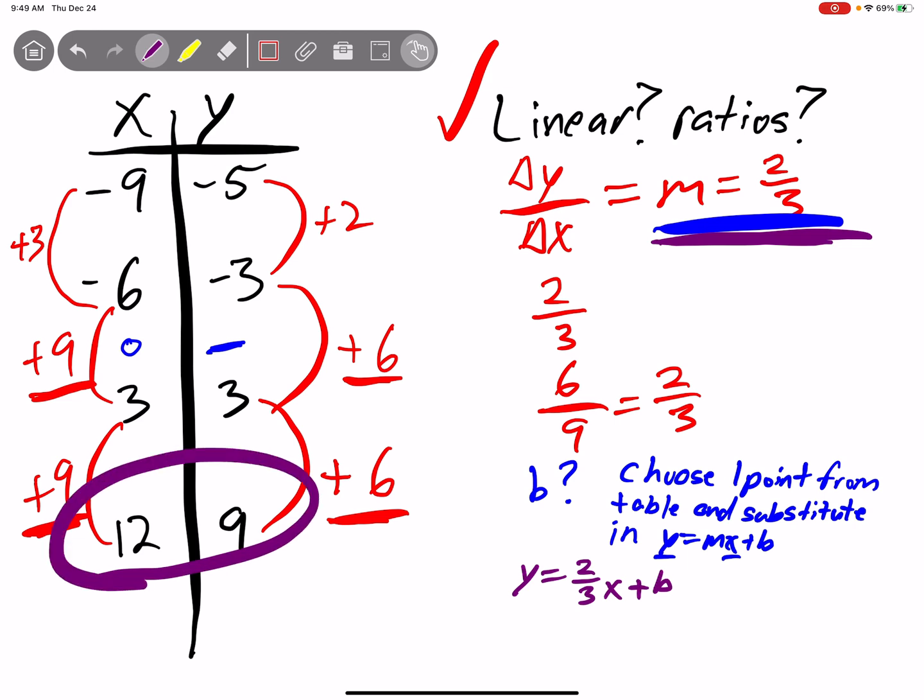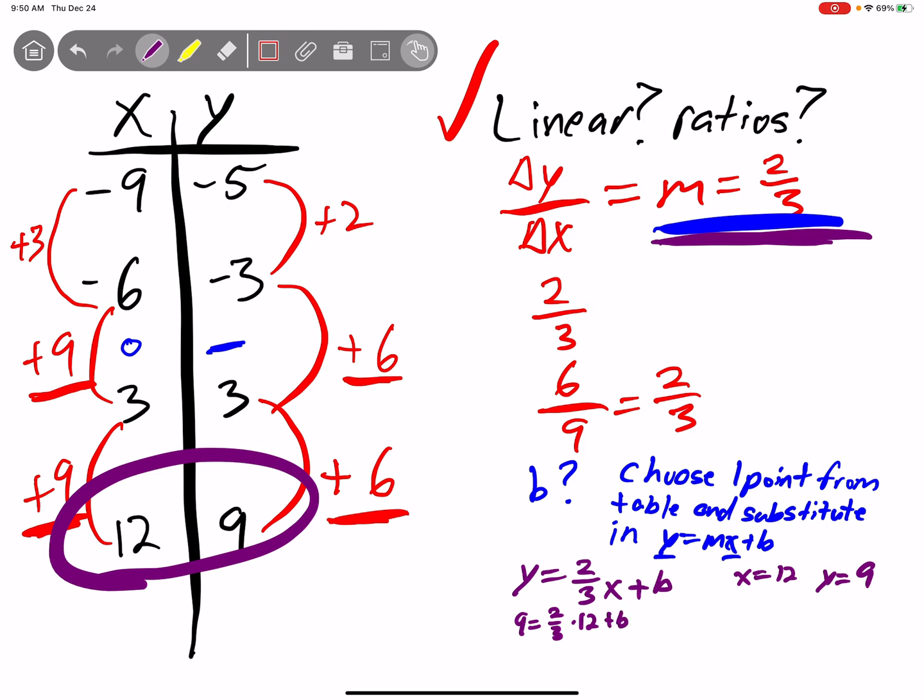Okay, that means x equals 12 and y equals 9. So I'm going to substitute. We know what y is. We just said y equals 9. 9 equals 2/3 times 12 plus b.